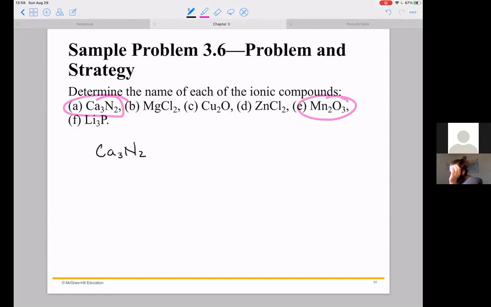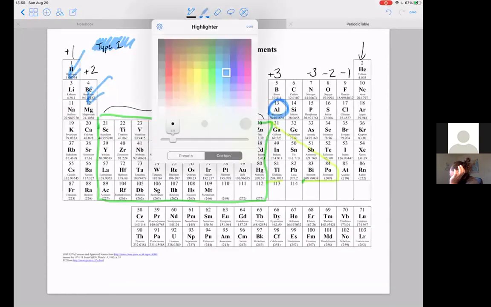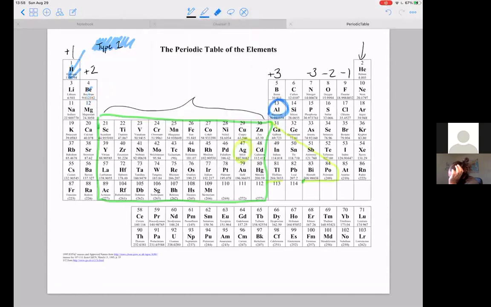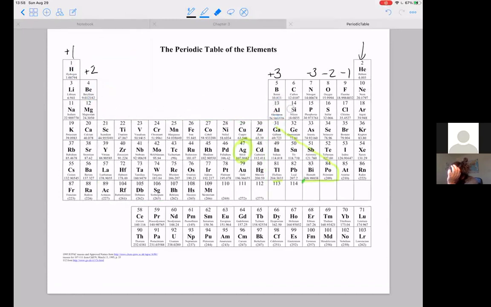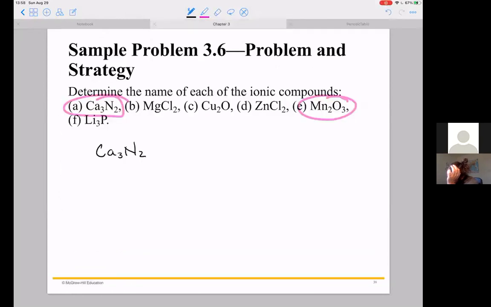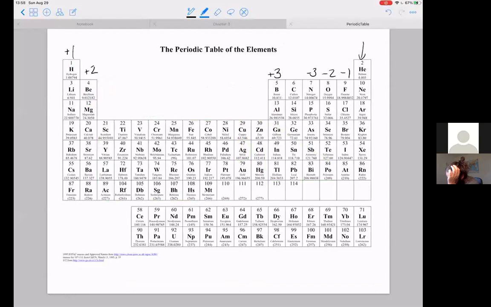Okay, we're going to first of all figure out where these live on the periodic table. All right, Ca and N. Here's calcium. Calcium always has a +2 charge, so I don't have to include that. It's in one of those first 2 columns.